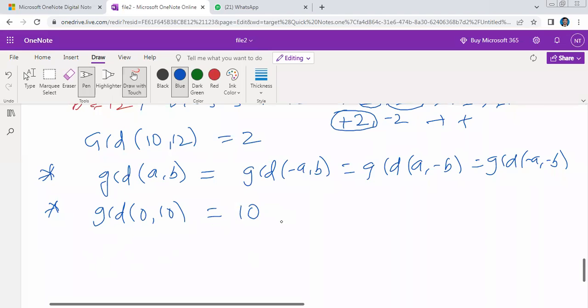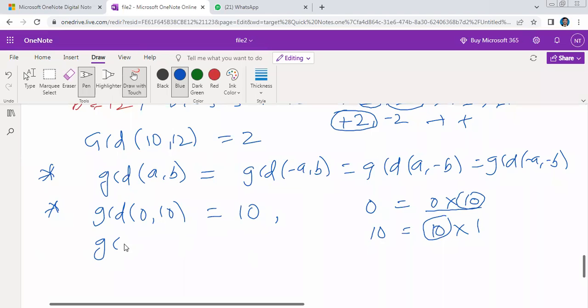GCD of 0, 10 is 10, because 0 can be written as 0 into 1 or 0 into 10, and 10 can be written as 10 into 1. The common number is 10, so this is the greatest common divisor. GCD of 0, 10 is 10.